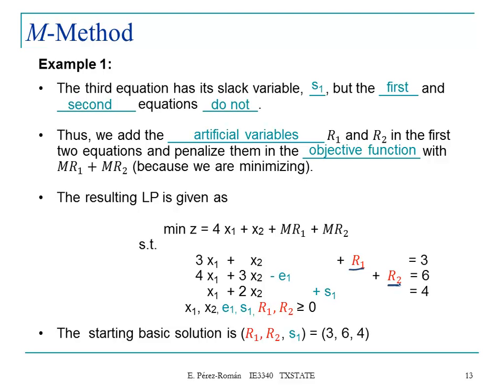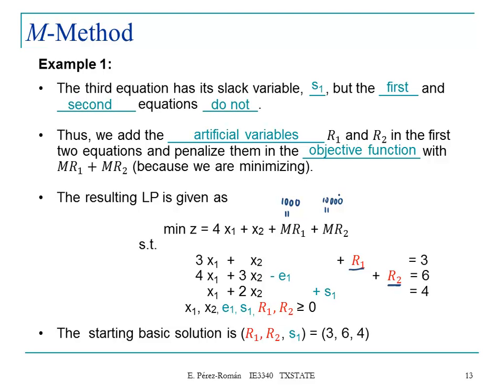So what will happen is, let's say this M is 1,000 and this one is 10,000, and you're trying to minimize your objective function. What do you think the problem is going to try to do?